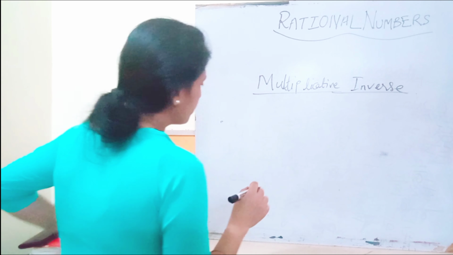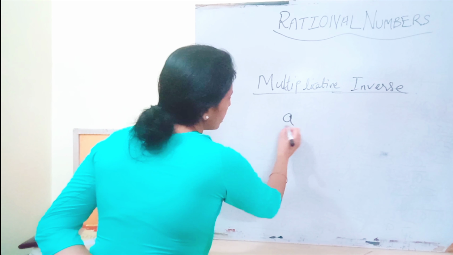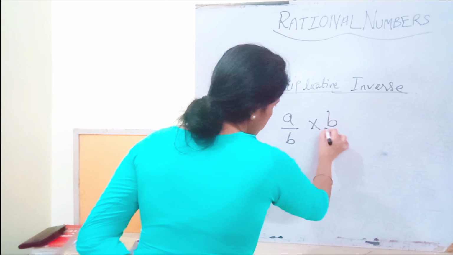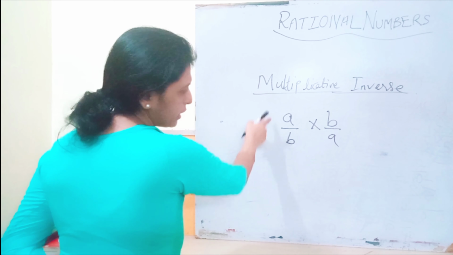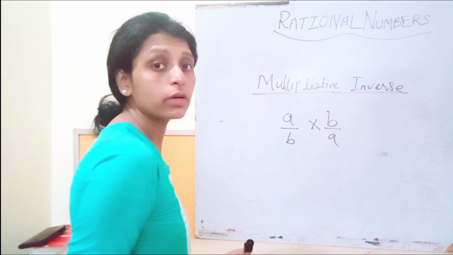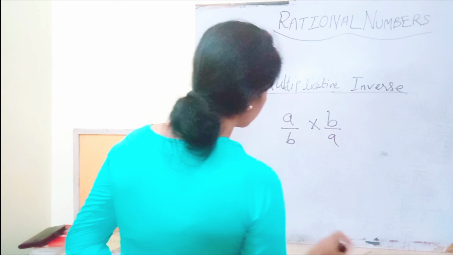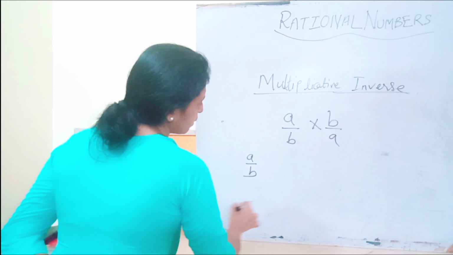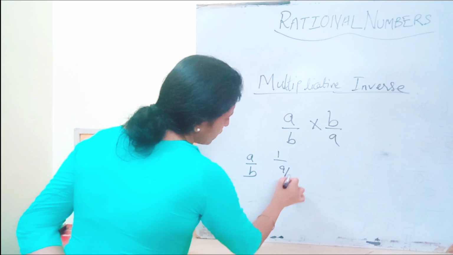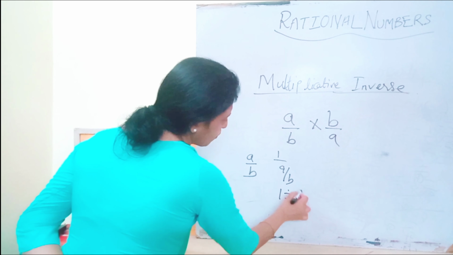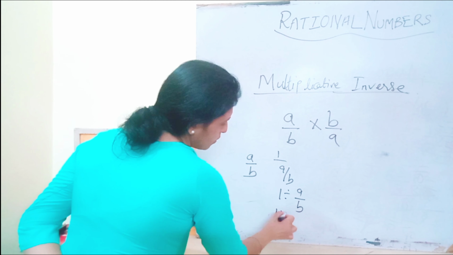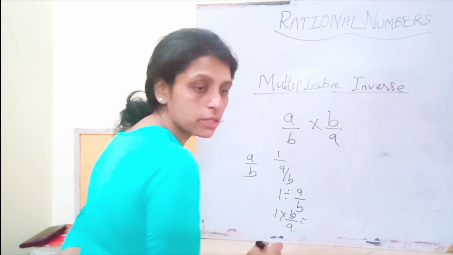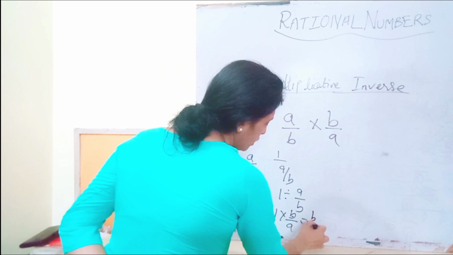For example, a upon b को जब हम उसके रेसिप्रोकल से, तो आपको पता है रेसिप्रोकल a upon b है, तो उसका रेसिप्रोकल will be b upon a. Okay, or you can say that a upon b का रेसिप्रोकल is 1 upon a upon b. मैं आपको पूरा एक्सप्लेन करके बताती हूँ. 1 multiplied by b is b upon a.